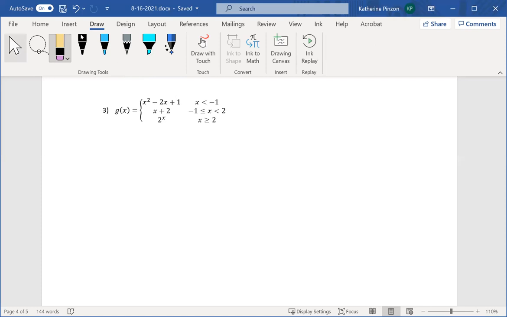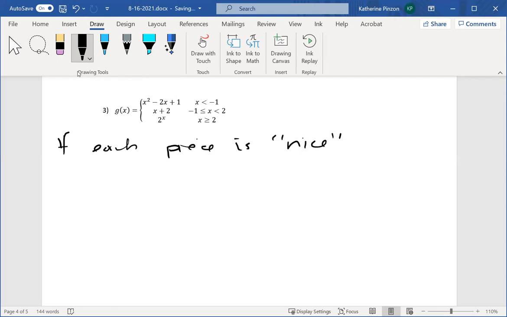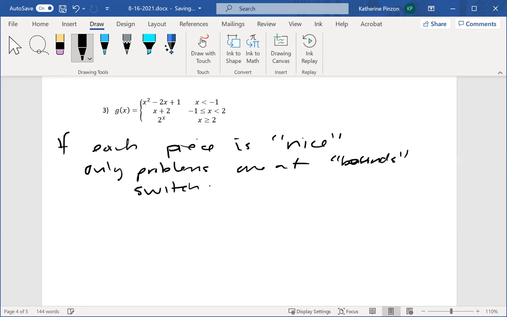So in a piecewise function, if each piece is nice, meaning continuous everywhere, then the only problem spots are at the bounds, the switchover places.